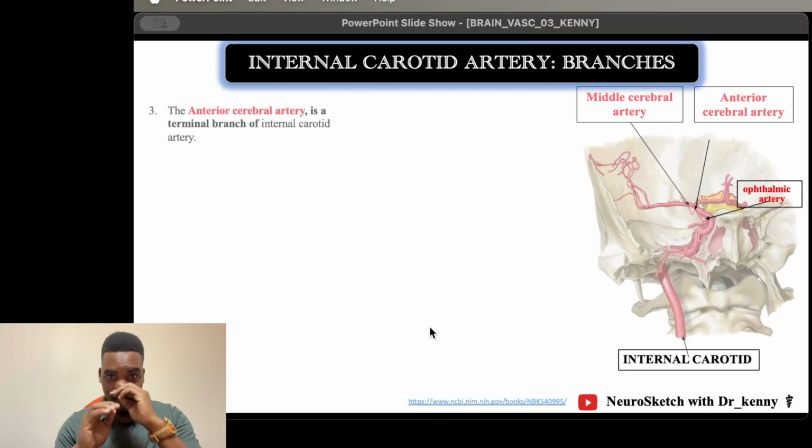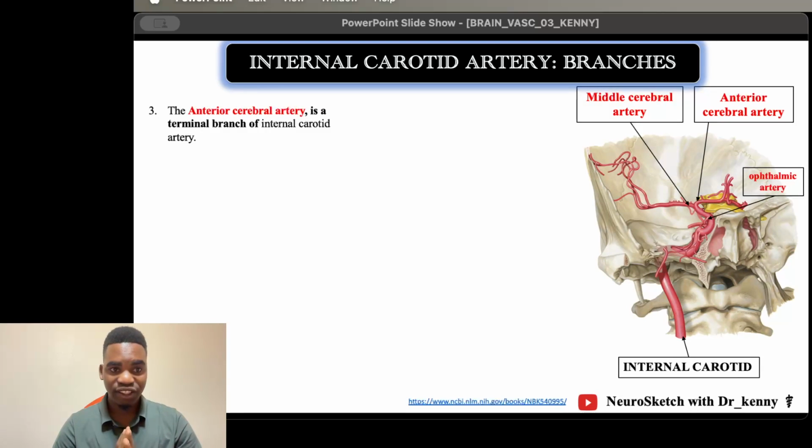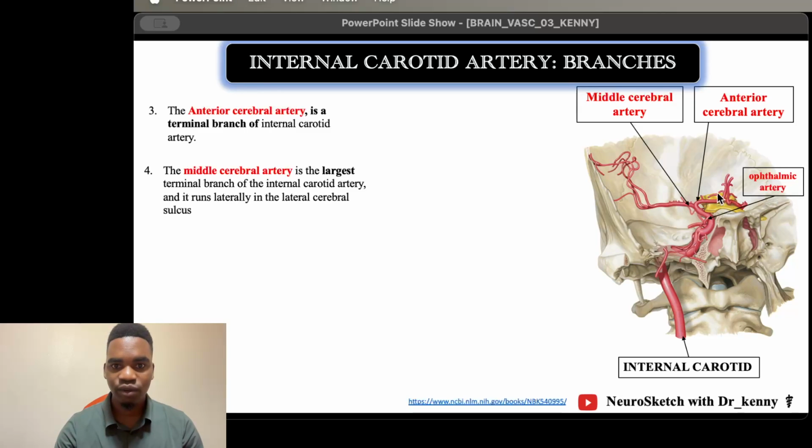Okay, so let's see other branches of the internal carotid artery. It terminates by forming 2 terminal branches, the middle cerebral artery and the anterior cerebral artery.